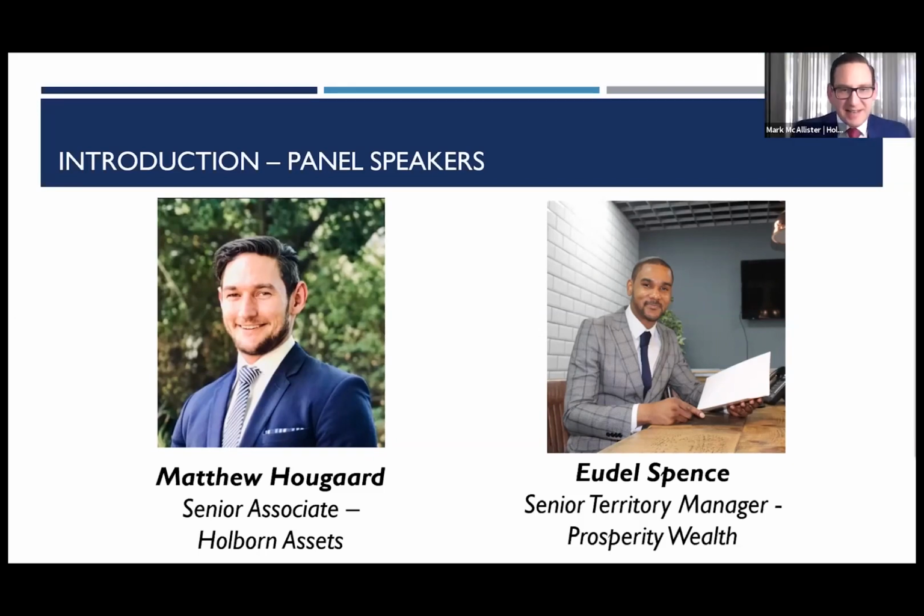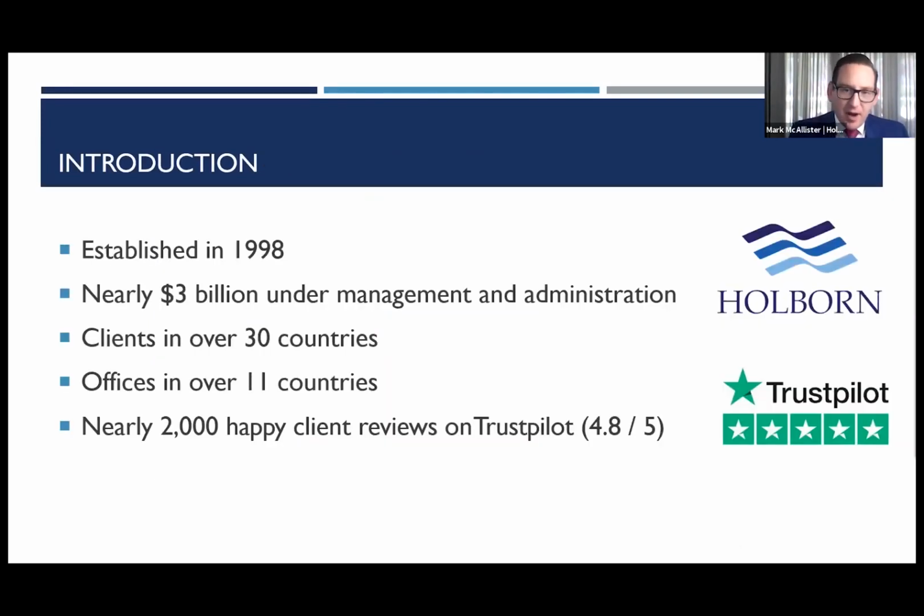Okay, let's get started. To give you some background about our company by way of introduction, for those who didn't attend one of our previous webinars, Holborn Assets is the second largest independently owned global financial advisory business, and we've been around since about 1998. We manage and administrate nearly $3 billion of liquid funds for about 20-odd thousand clients in about 30 different countries, from offices in 11 different territories.